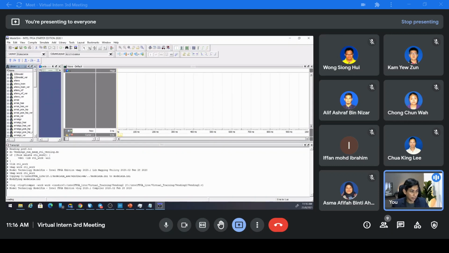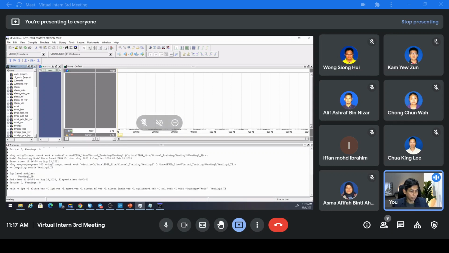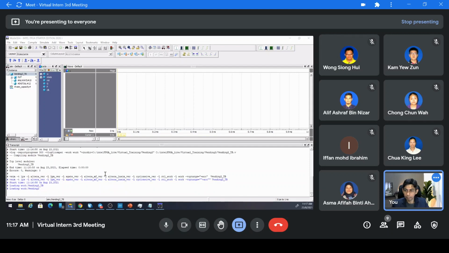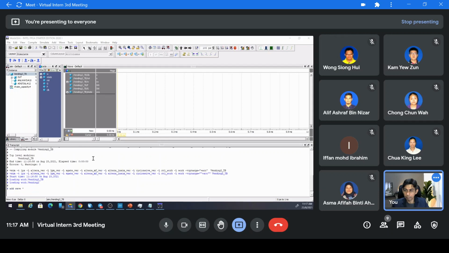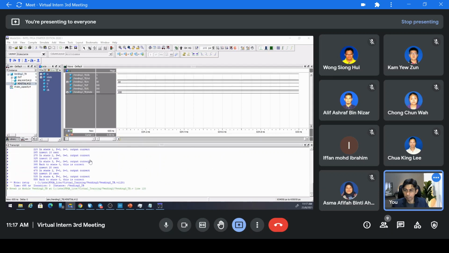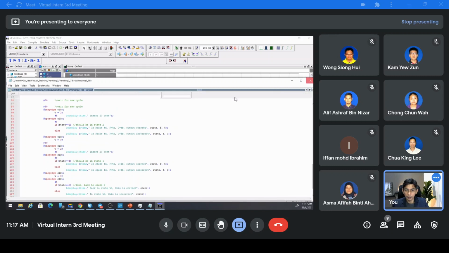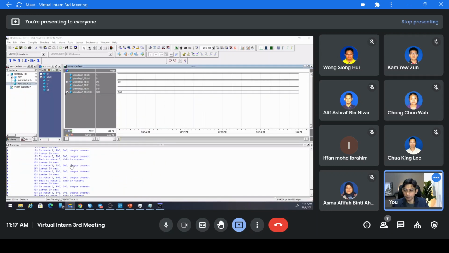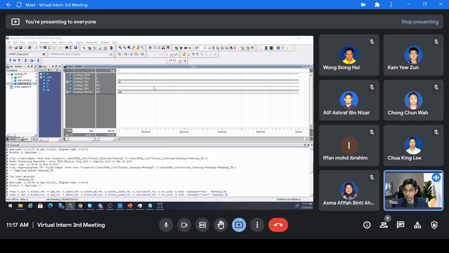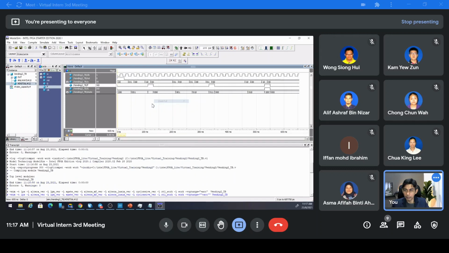Okay, this is the ModelSim window. We have the output, and this is the waveform.